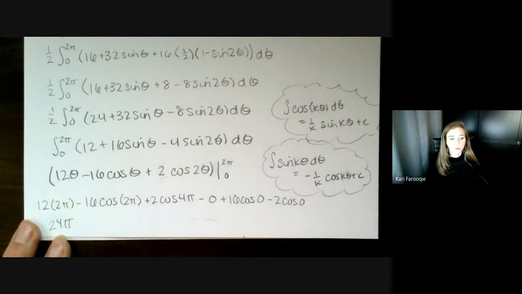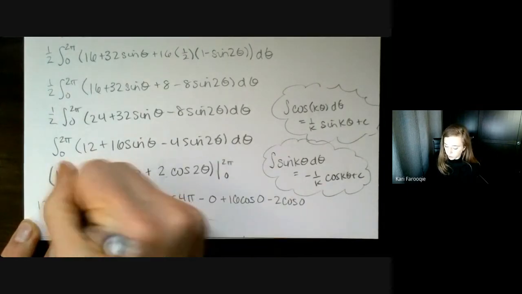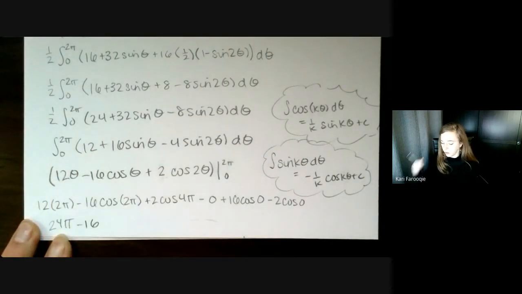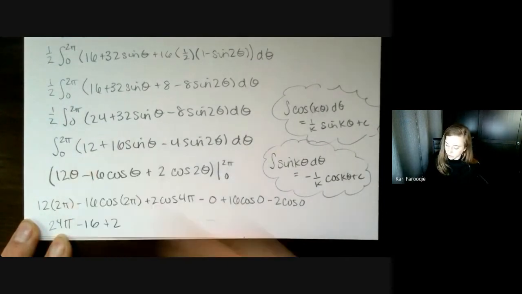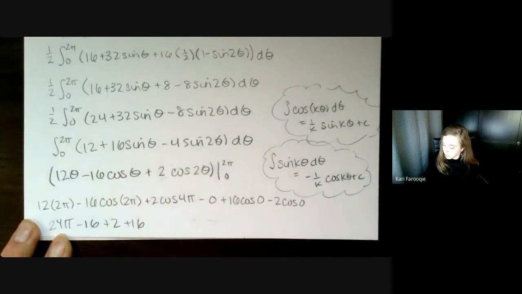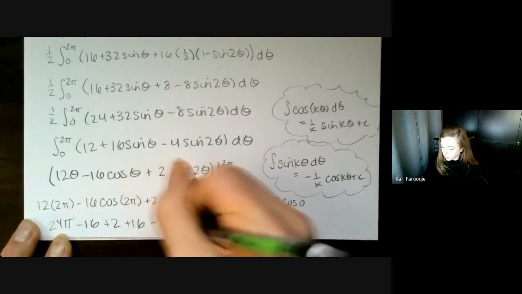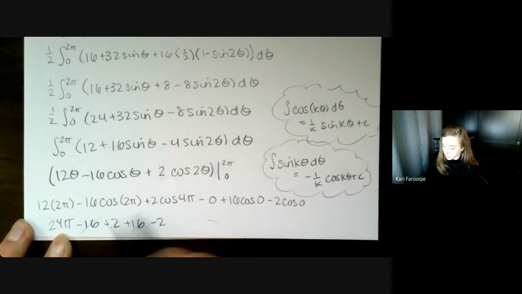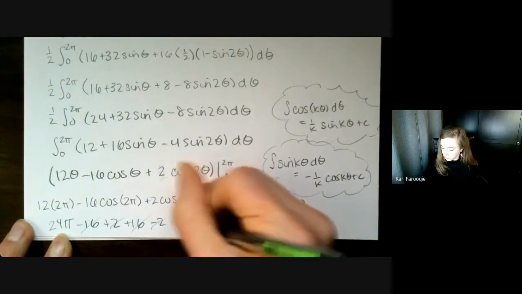You'll have 24 pi. The cosine of 2 pi is the cosine of 0, which is 1. So you'll have minus 16. The cosine of 4 pi is also the cosine of 0. So you'll have plus 2, plus 16, and then minus 2. So those are all going to go, and you're just going to be left with 24 pi.